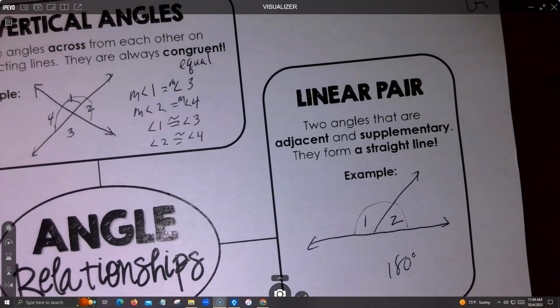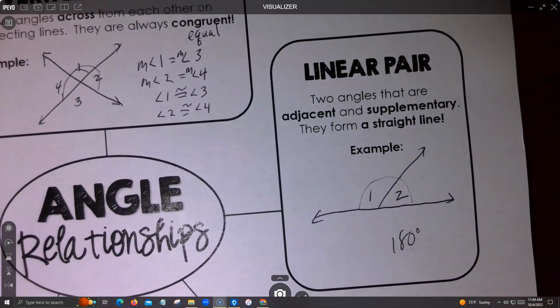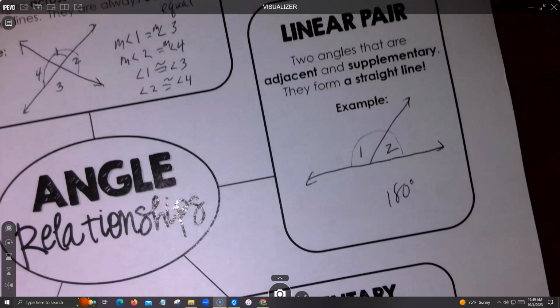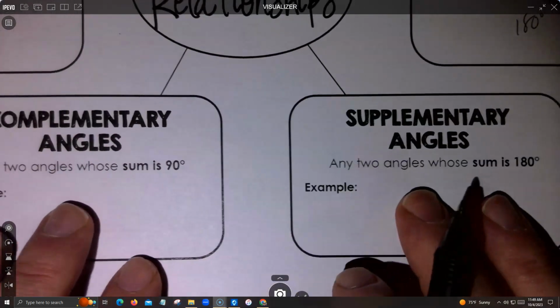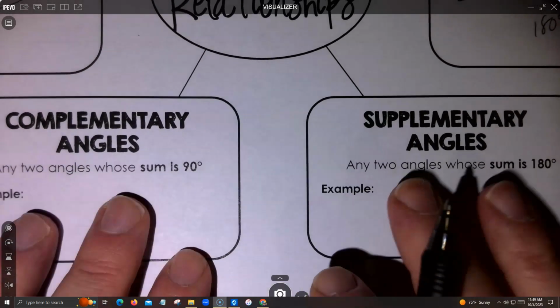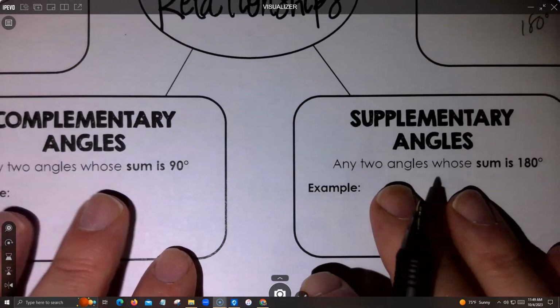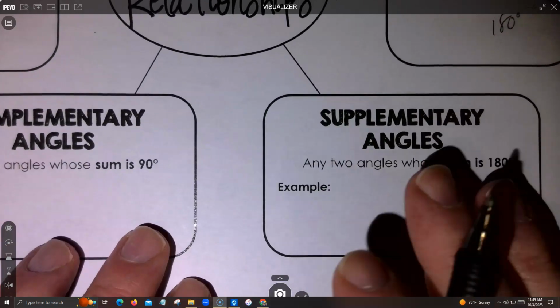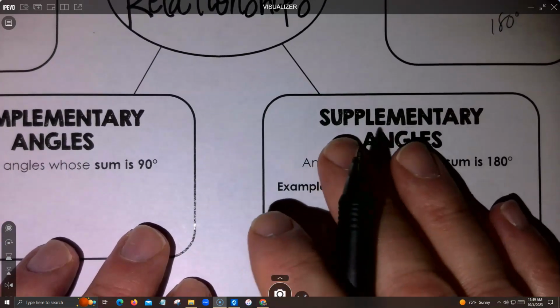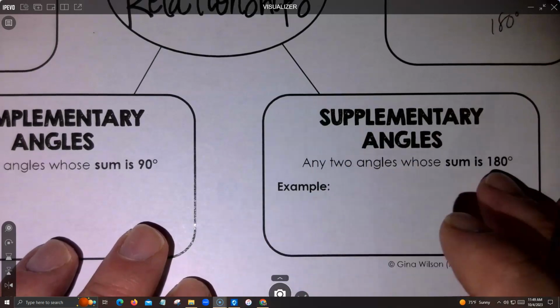That is what supplementary means, which I could cover down here at the bottom. Again, that's a linear pair. Now, these two you've seen before, from earlier grade levels in elementary school and middle school. Supplementary angles are any two angles whose sum is 180.